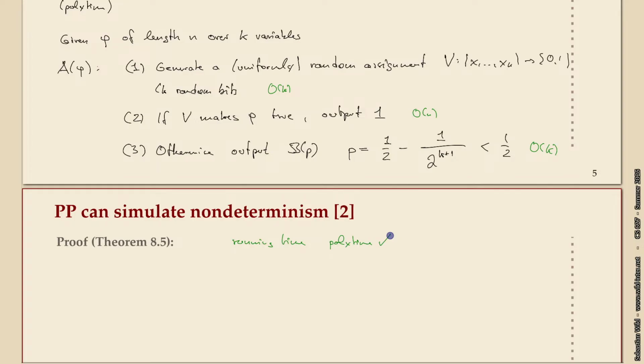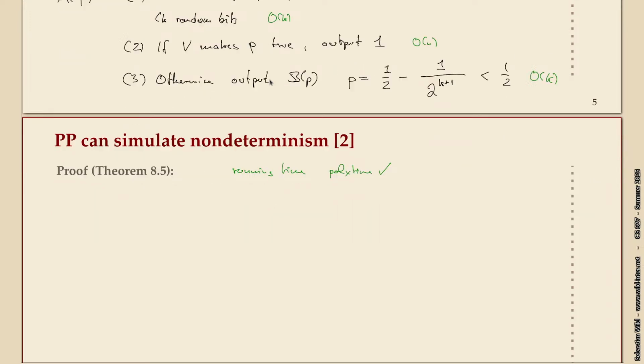How about the correctness? We have to show that we output the right answer. The probability that A outputs phi needs to be the same as phi is satisfiable.